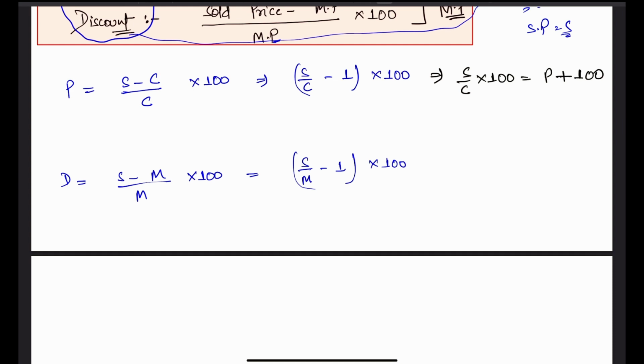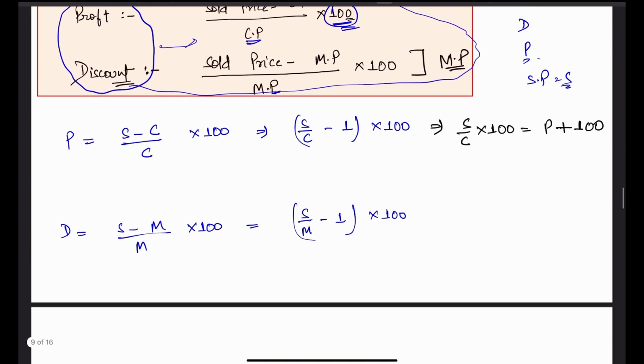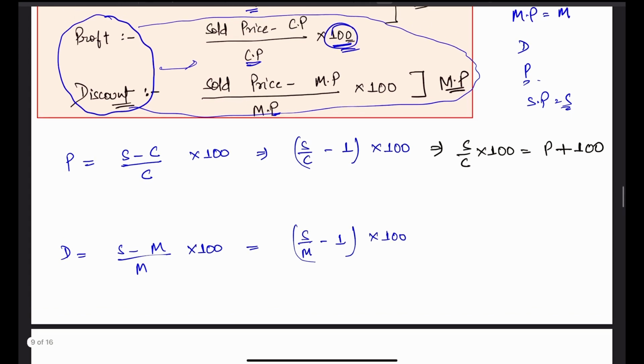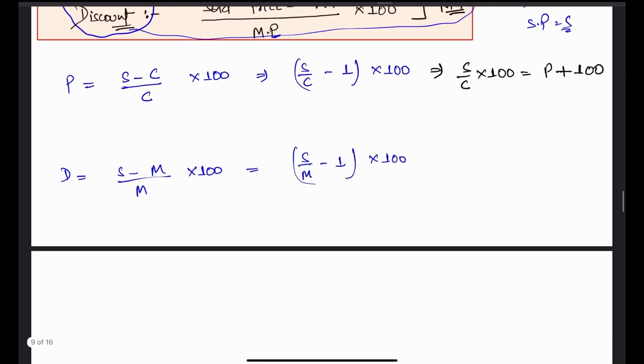My discount will always be on the sold price minus market price, correct? Profit will be on sold price minus cost price, correct? Okay, let's move.